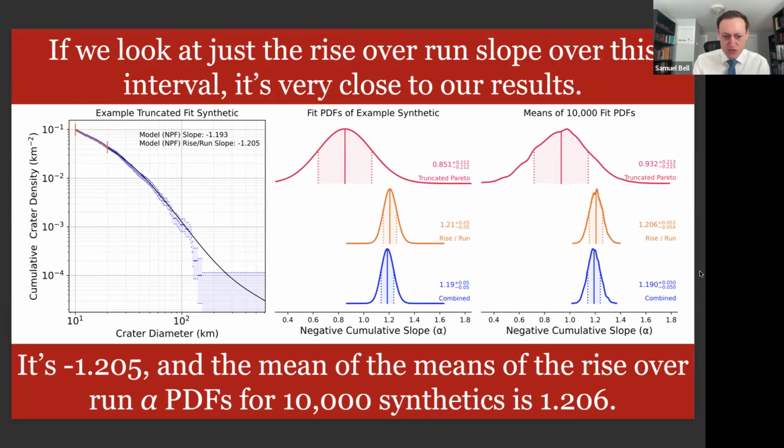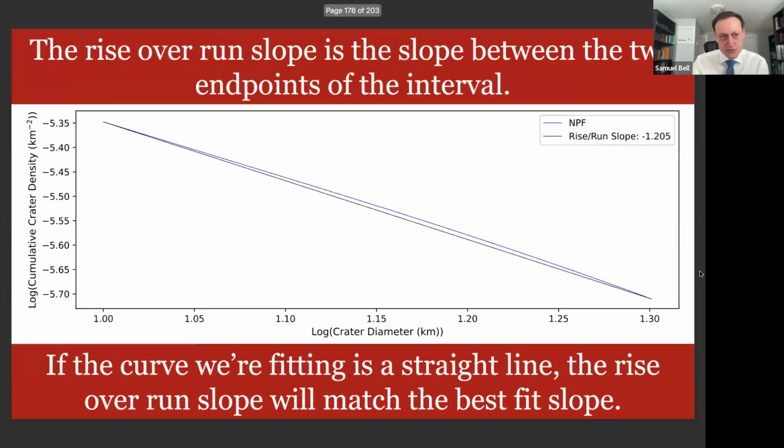It's negative 2.05, and the mean of the means of the rise over run alpha PDFs for 10,000 synthetics is just 1.206. Very close. The rise over run slope is actually the slope between the two endpoints of the interval. If the curve were fitting as a straight line, it's the same thing. The rise over run slope will match the best fit slope.